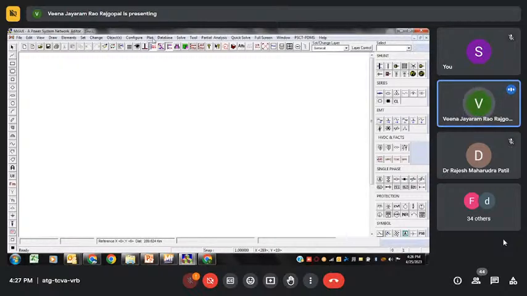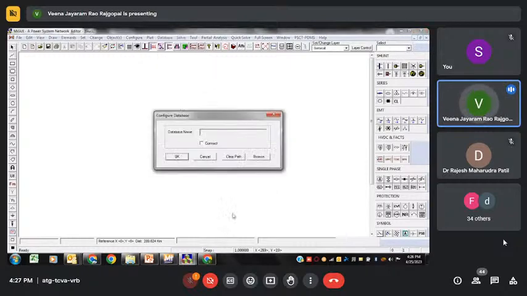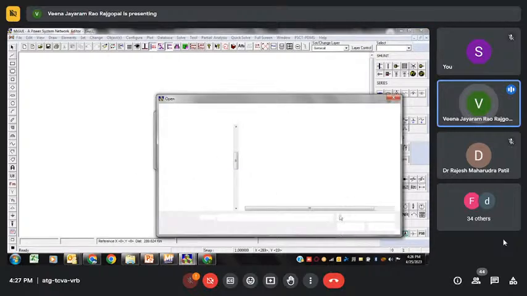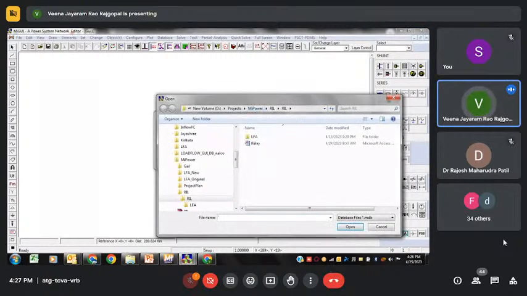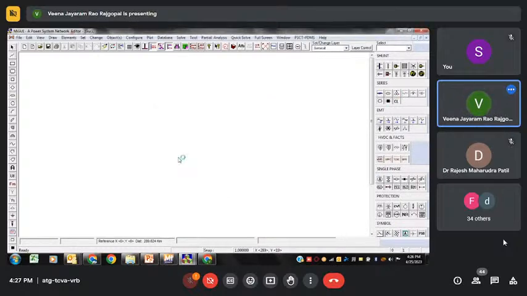So first, as I told you, I want to configure a database. You can do it independently or along with the database. I'll just take a simple sample one. I'm going to name the database, and then say connect.